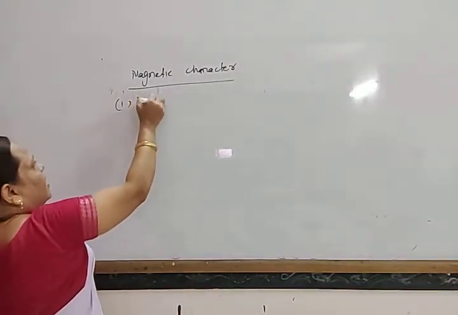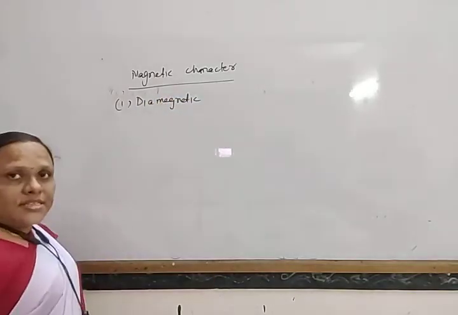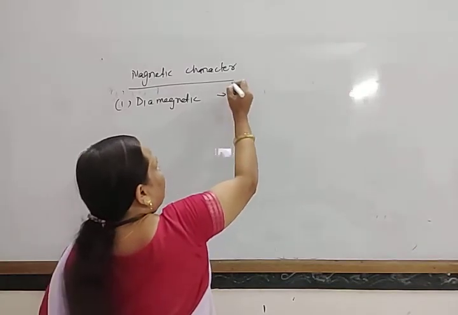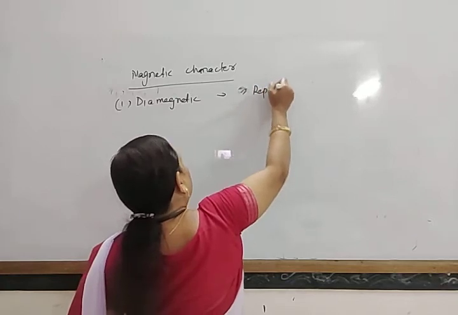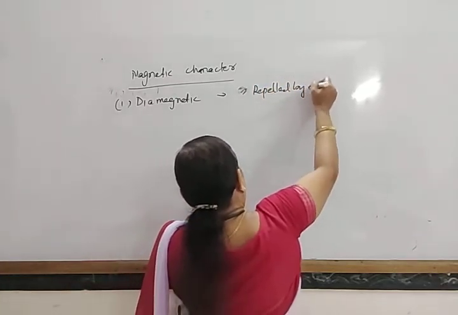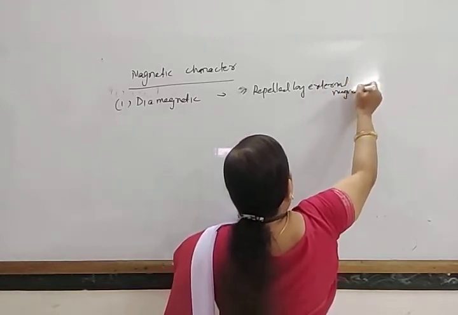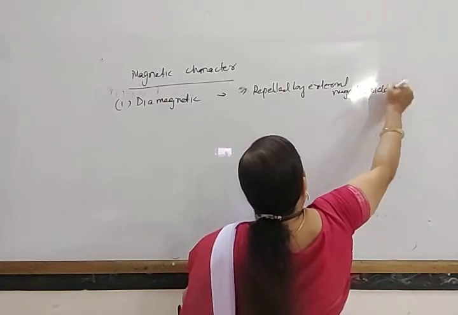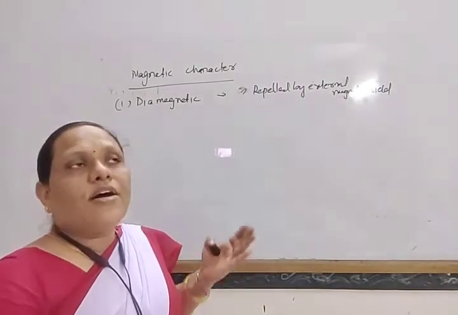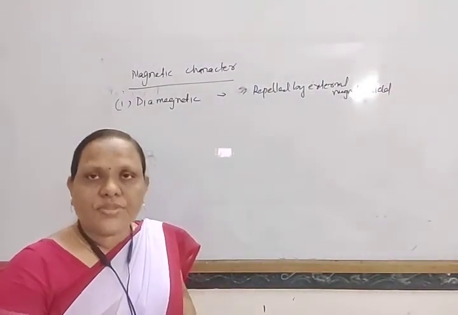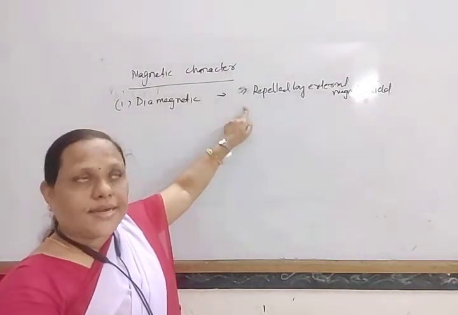One is diamagnetic substances, which are repelled by an external magnetic field. If in the arrangement of an atom or in any element or compound, all the electrons are paired, then they are generally diamagnetic.